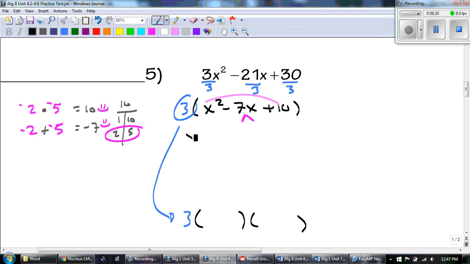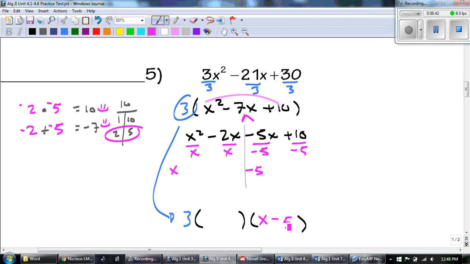All right, so we have x squared minus 2x minus 5x plus 10. The GCF of the first group is an x. The GCF of the second group is a negative 5. So if I did it right, that's going to be x minus 5, but let's find out.